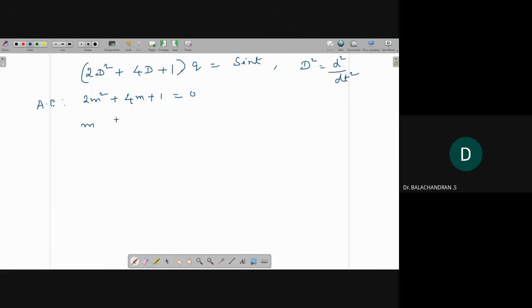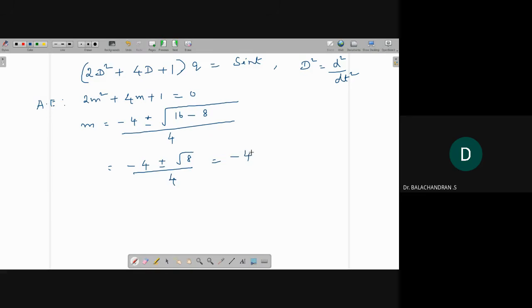So m equal to, what is the solution for the two roots? Minus b plus or minus root of b square. b square is 16 minus 4ac is 8, by 2a. 2a is 4. So this is equal to minus 4 plus or minus root 8 divided by 4.